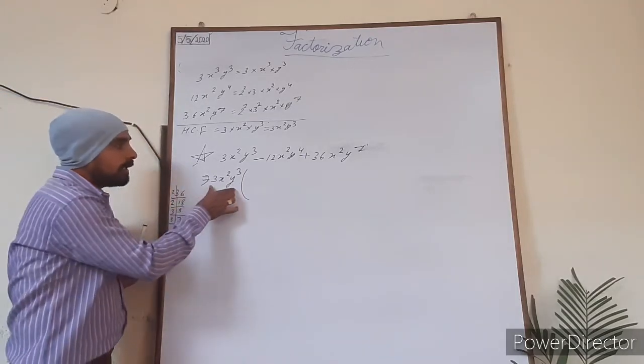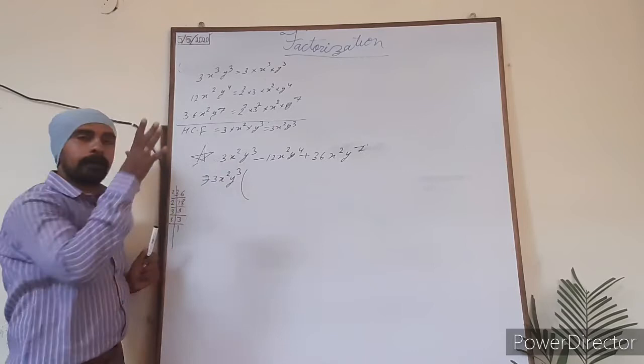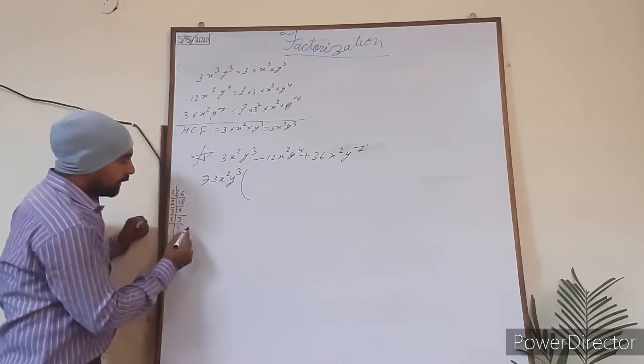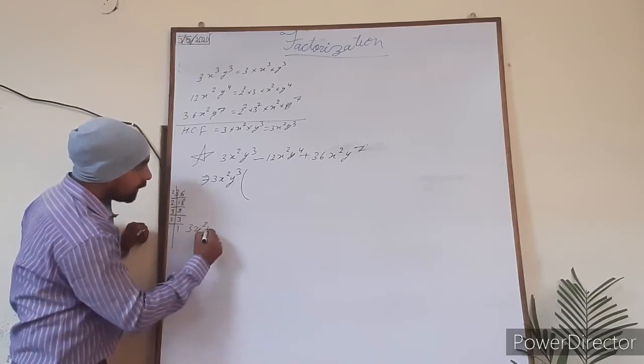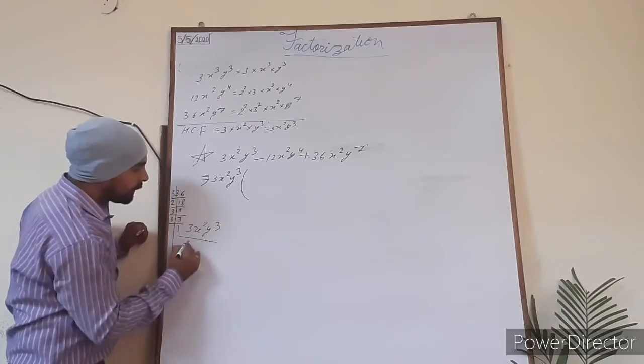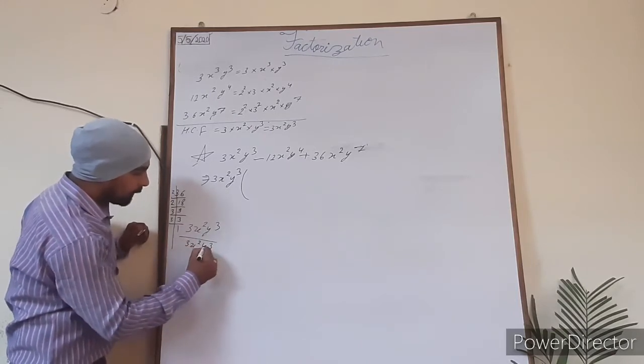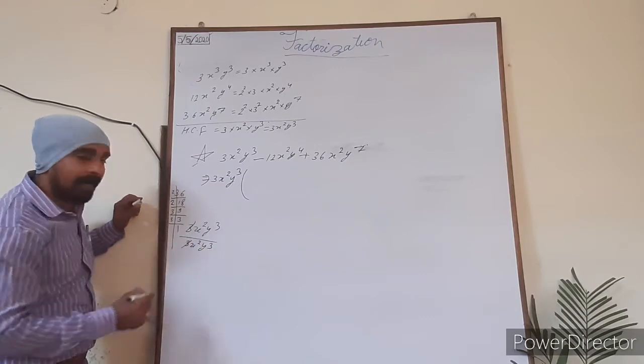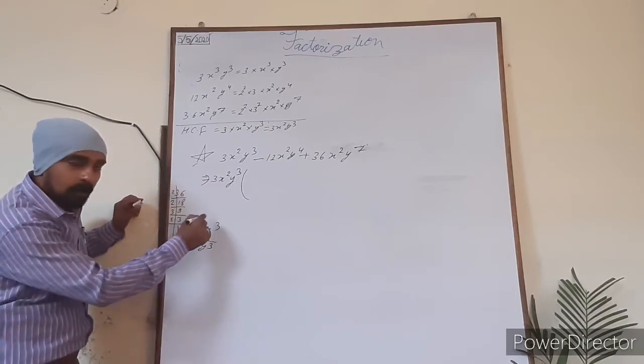After that, this one is going to divide this one. So when this 3x square y cube is going to divide this 3x square y cube, 3 would be cancelled out by this 3, and x square will be cancelled out by this x square.